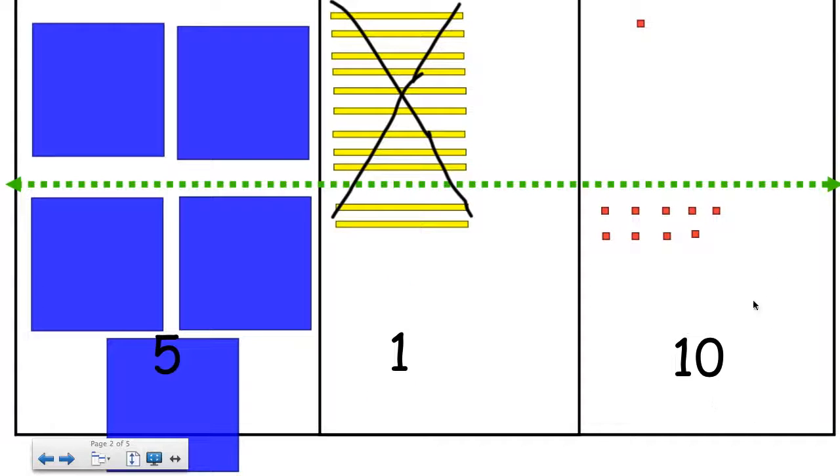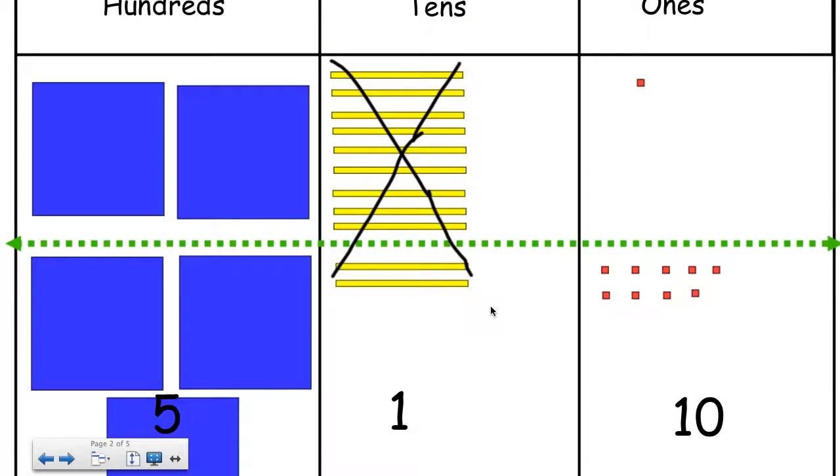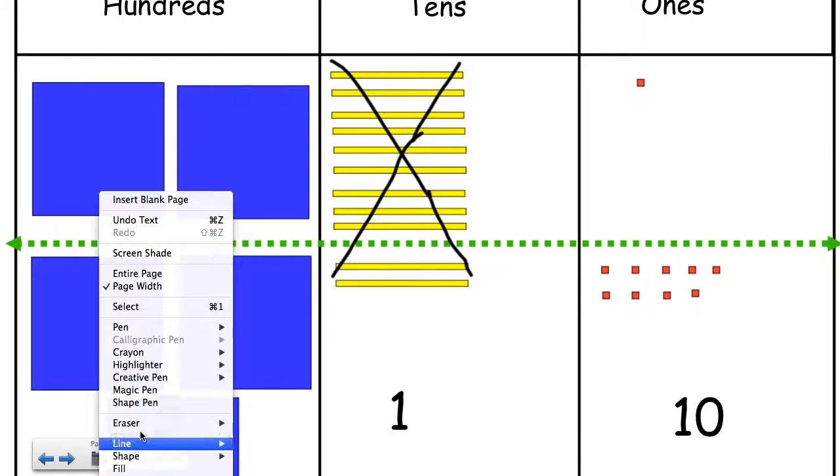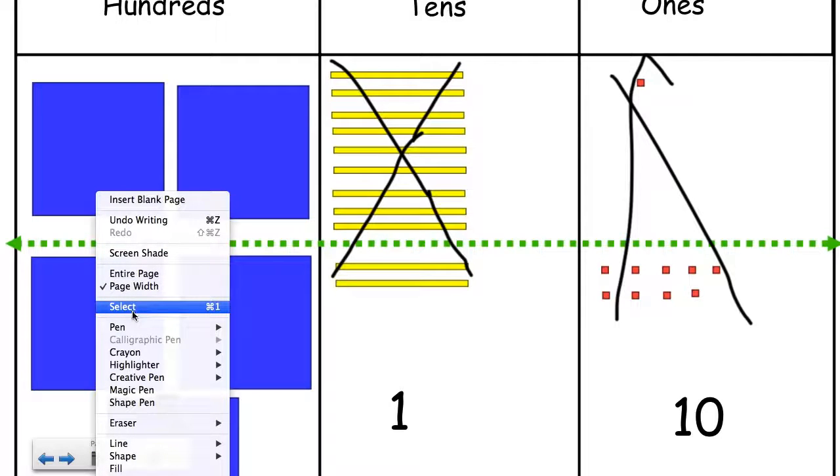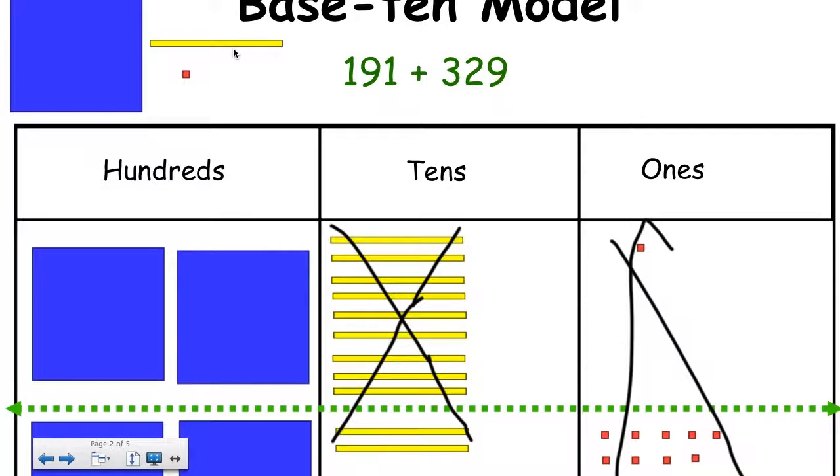Now over here we have 10, except I know that 10 ones is equal to 1 tens blocks. So I'm going to do what we did over here, and I am going to cross all of these out. Nice little X. Terrible, I know. And I am going to bring down a tens block.